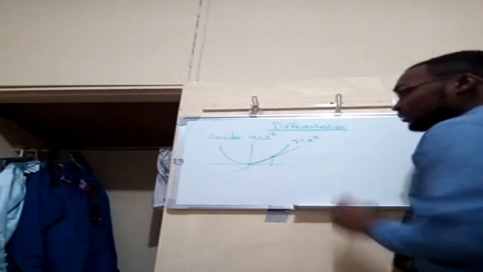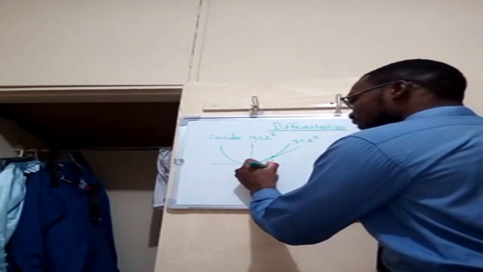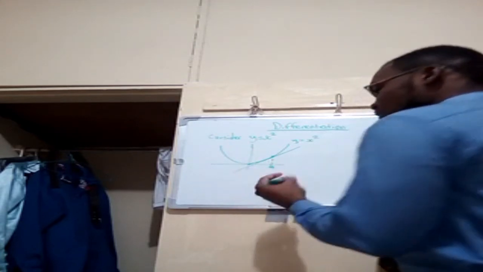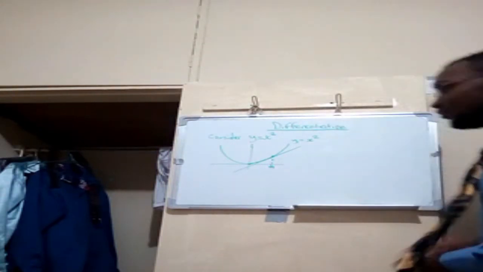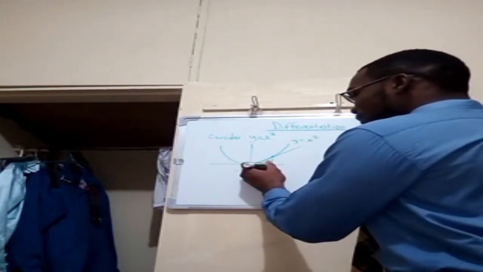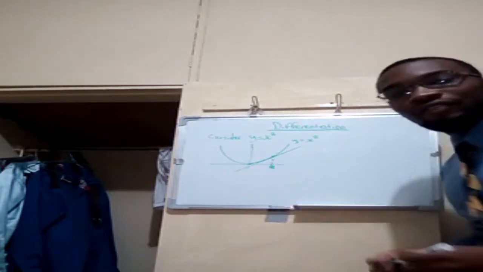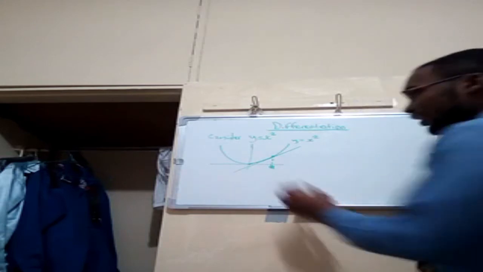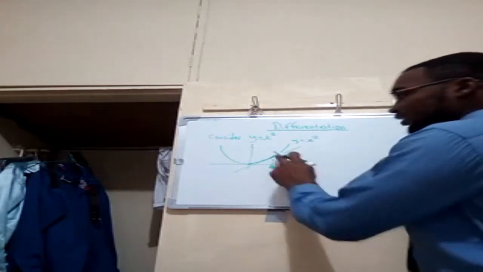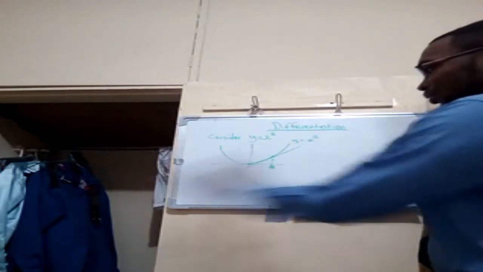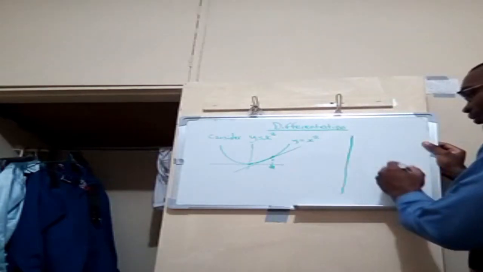Let's call this point A. So we want to find the gradient at the point A. Now let's consider a point very close to A. Let's say the point is this. So we'll magnify it now. So I'm going to magnify this graph. Magnify the graph now.